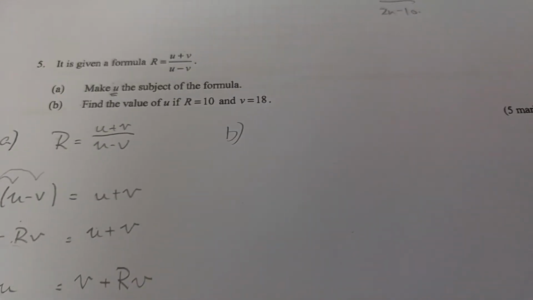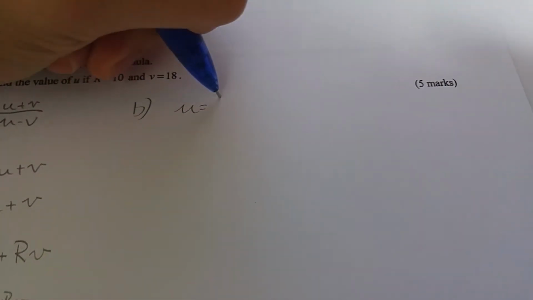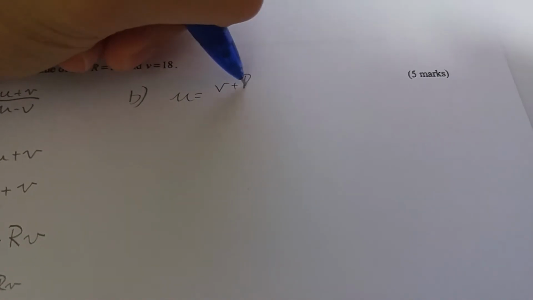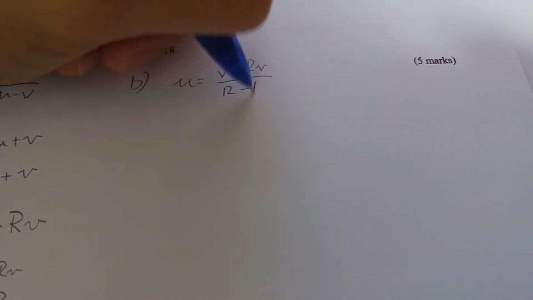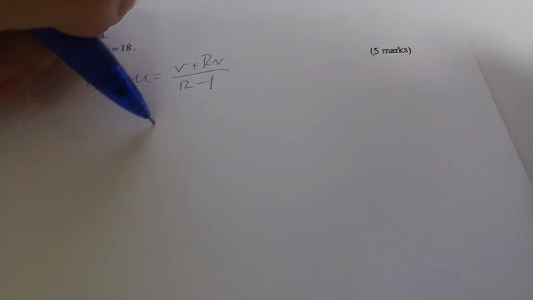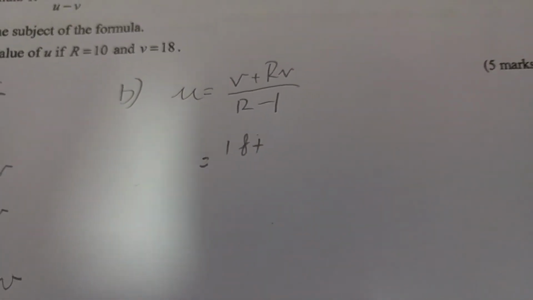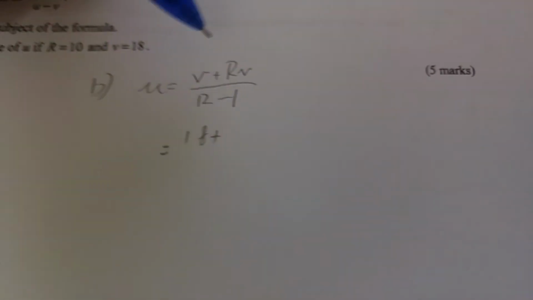And then you're going to find the answer, yes, find the value of u. Put back those numbers, and then you will get 18 plus... sorry, the camera is a bit... yes, okay.